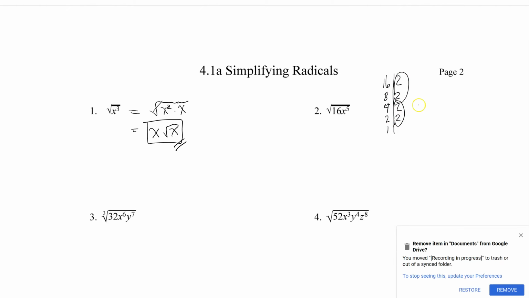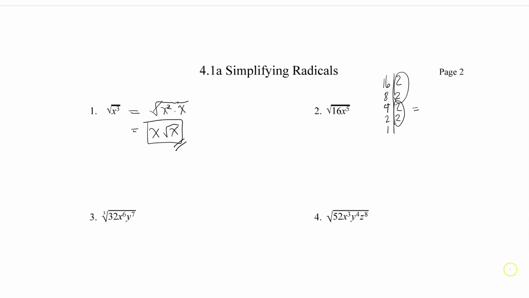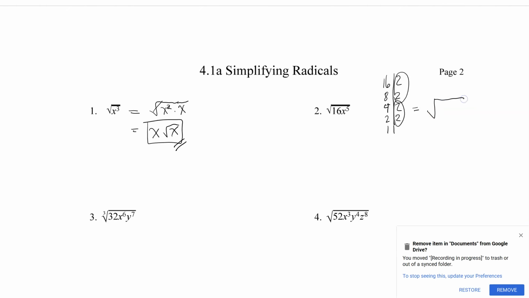So that's the square root of 2 squared times 2 squared times x to the 5th, which is x squared times x squared times x. So I'm just putting in pairs there.